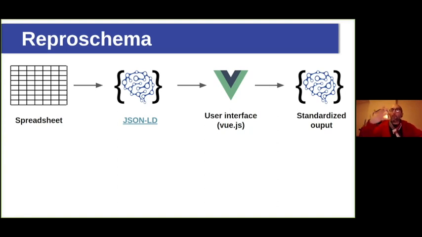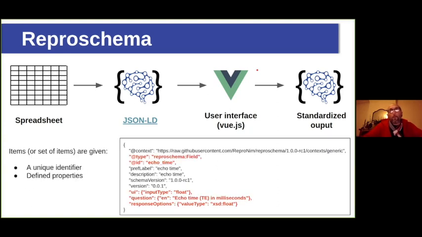Once the user has clicked through what the user interface is showing, you can also export a set of JSON-LD files that is fully standardized and links the input to the responses of the user.